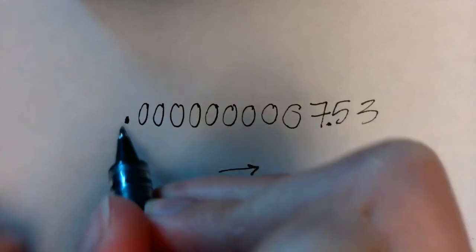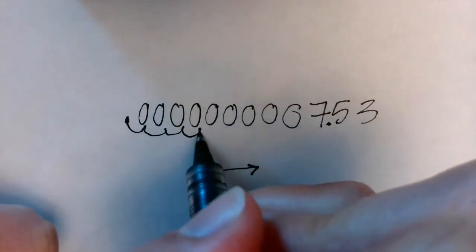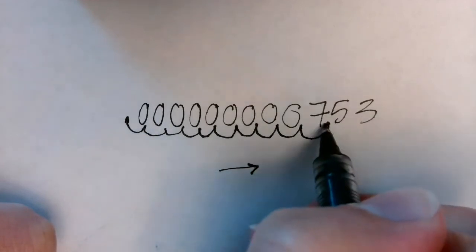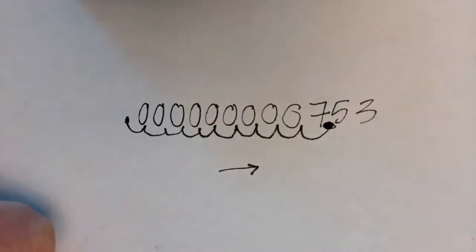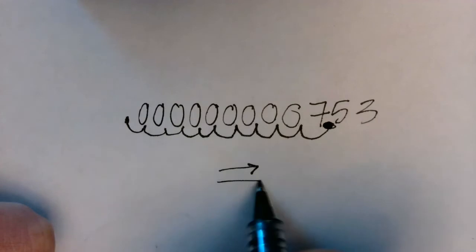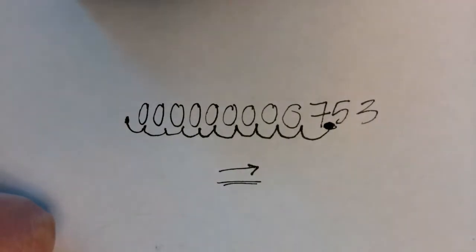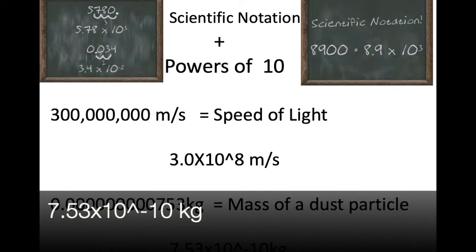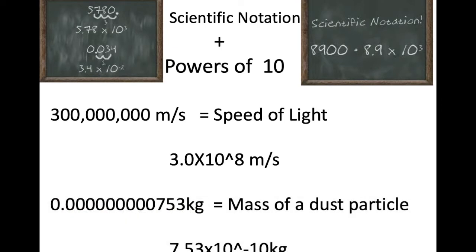So we're going to go 1, 2, 3, 4, 5, 6, 7, 8, 9, 10. Since we moved the decimal place over to the right, we're going to say that we moved it to the power of negative 10, indicating that this is a really small number. So if we want to express this mass of a dust particle in scientific notation, we write 7.58 times 10 to the negative 10 kilograms.